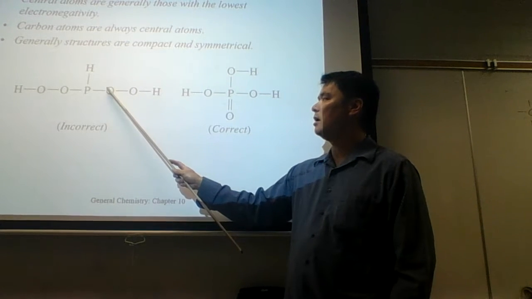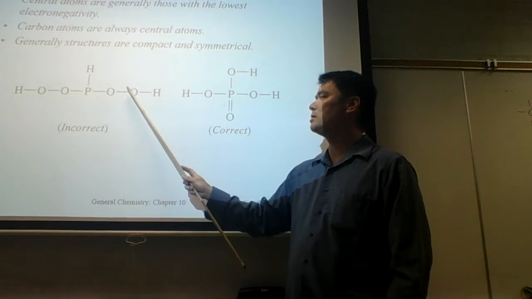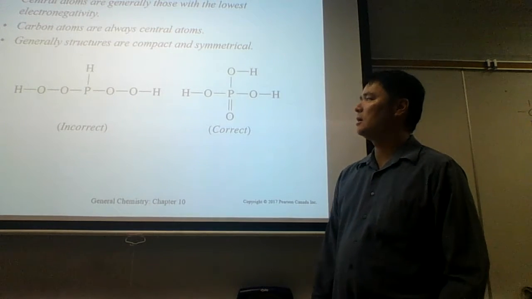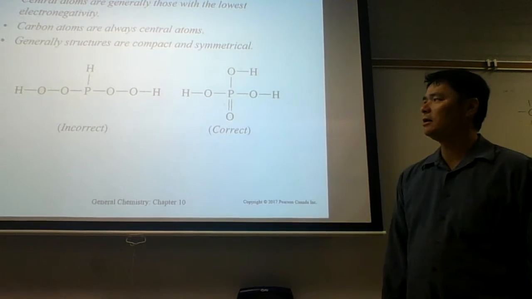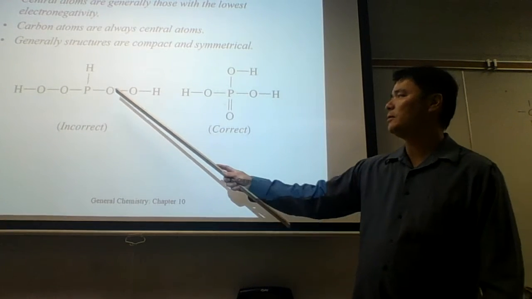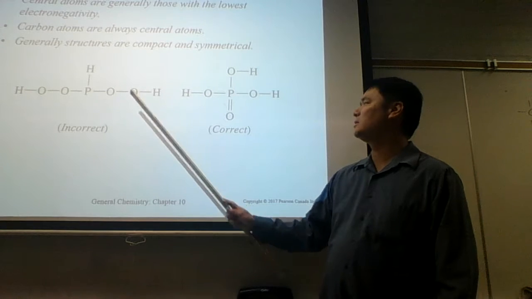And so oxygen-oxygen single bonds or peroxide links are unstable. We try to avoid those, but sometimes you can't avoid them. Like in hydrogen peroxide, you have to do that. So if possible, we avoid oxygen-oxygen links like this.